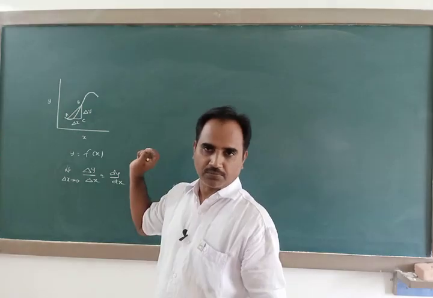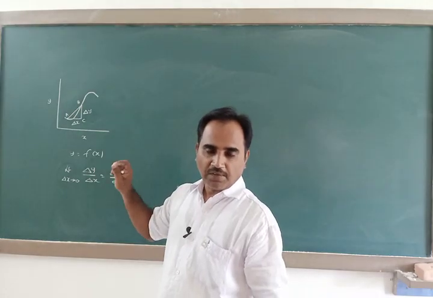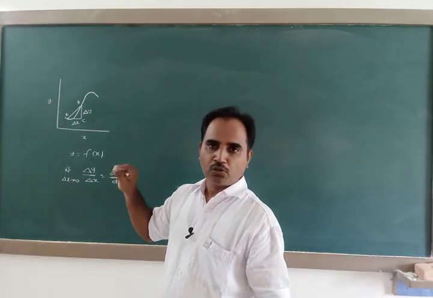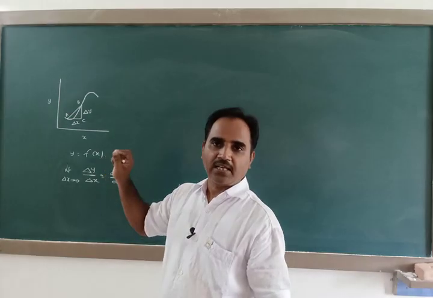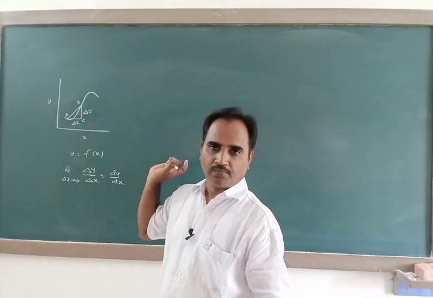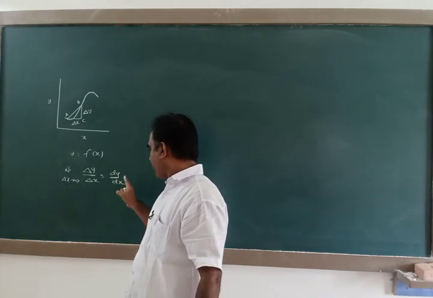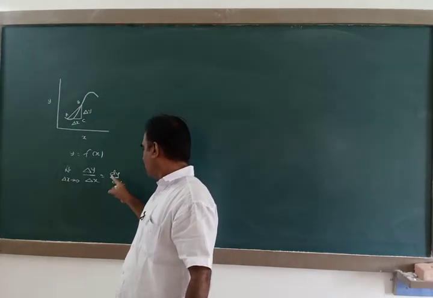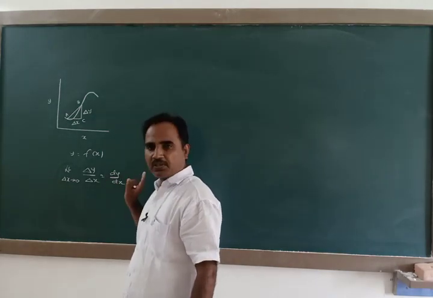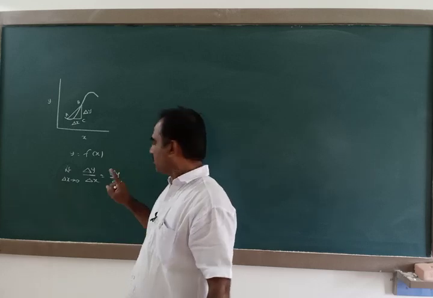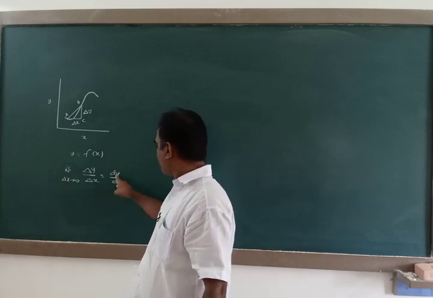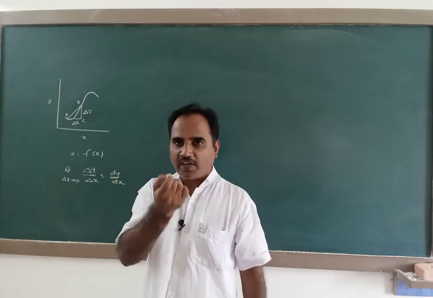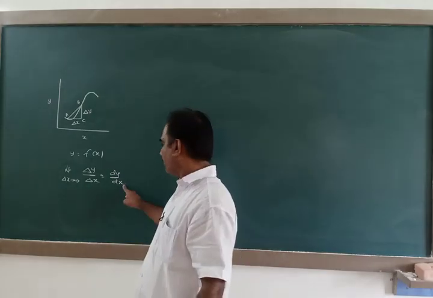You remember this much. Graphically, derivative will give you slope of the tangent at a given point. Next, mathematically, this dy by dx represents change of y for an infinitesimally small change in value of x.